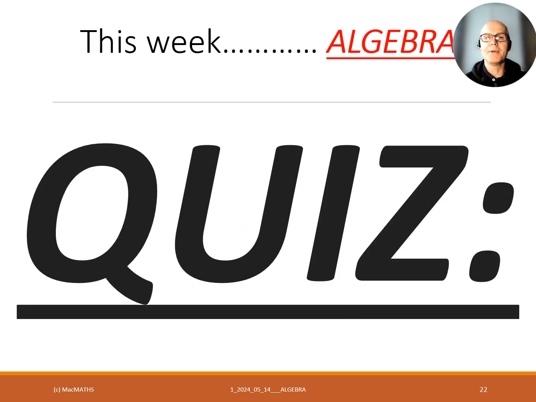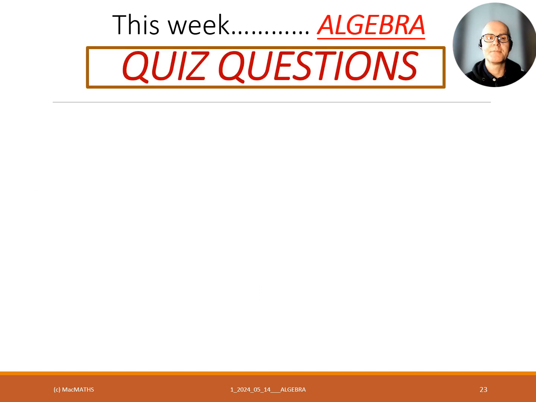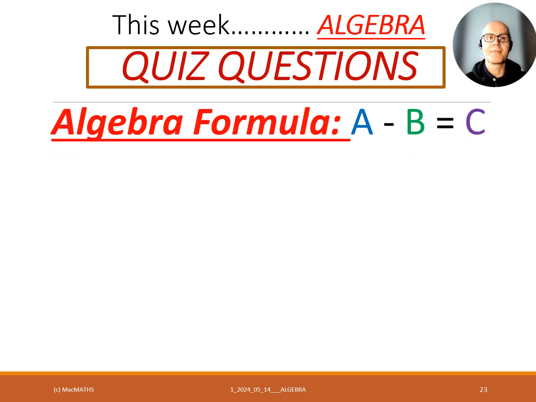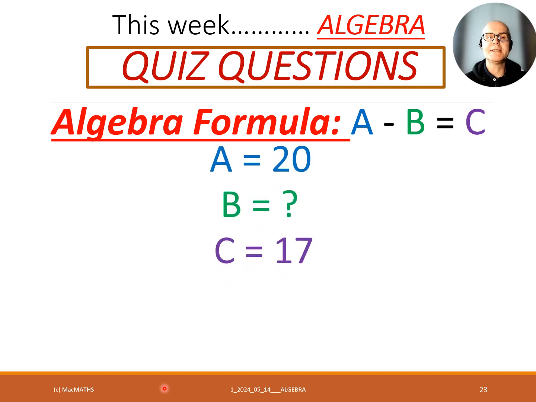Let's do some basic algebraic questions. This is the formula we're going to use. A minus B equals C. A is 20, B we don't know, and C is 17.